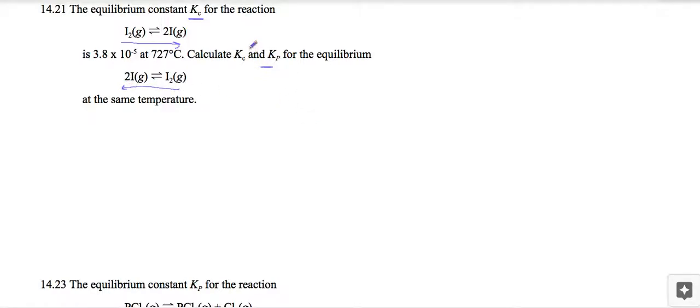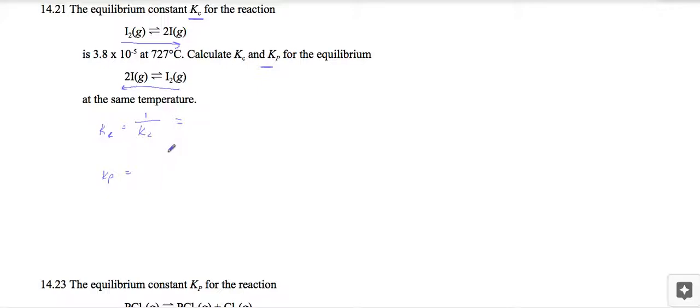So the first thing we have to do for the Kc of the reverse reaction here is to do 1 over the Kc. And that gives us a value of, actually, I never calculated that one. Just plugged it in. So we have that, and we have Kp.